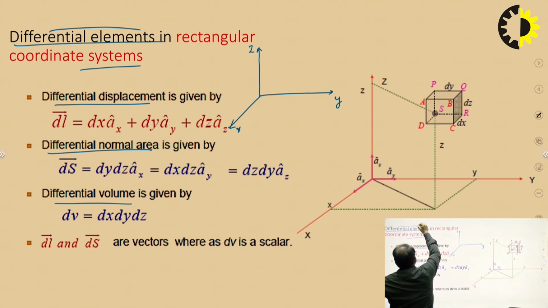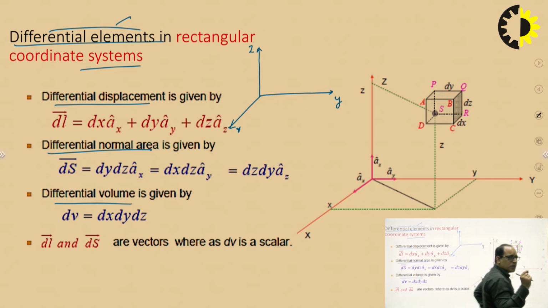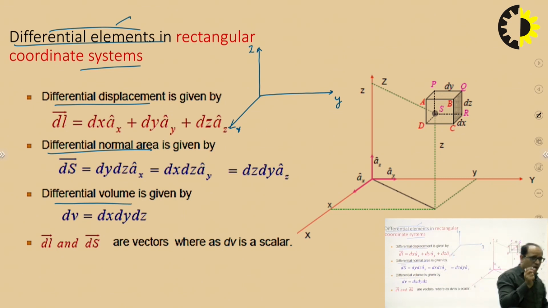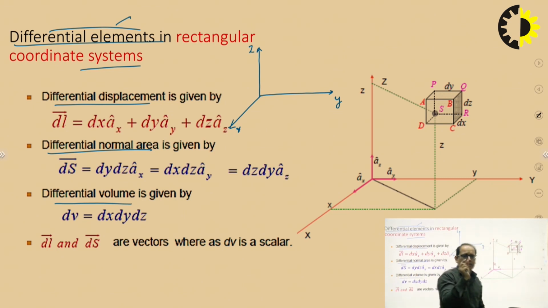So first of all, we will talk about the differential length. Differential length is the smallest length. If a large line is there, I have to talk about the small element in that line, that is a differential in that length, that is a differential length.